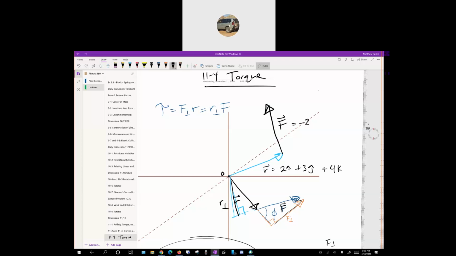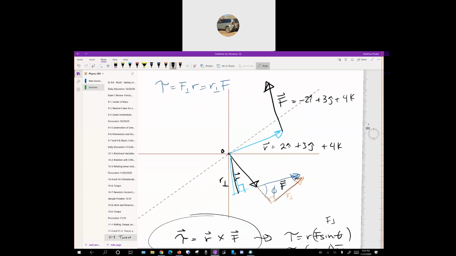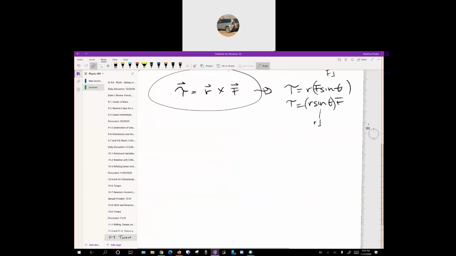Minus 2 in the i direction, I'm just making this up, plus 3 in the j, and 4 in the k again. We can take the cross product of those, but we're typically not going to have to do 3x3s, and we're typically not going to have to even do 2x2s in here. So let me just show you a trick.